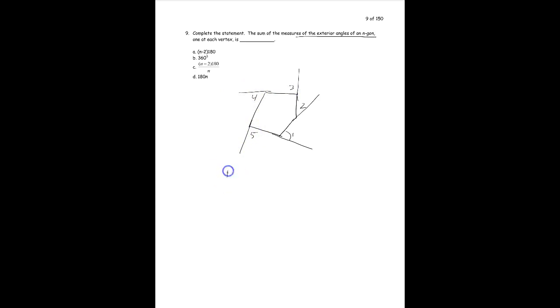And so the question is, what is angle 1 plus angle 2 plus angle 3 plus angle 4 plus angle 5 equal? Well, it turns out that for any polygon, the sum of those exterior angles always equals 360 degrees.